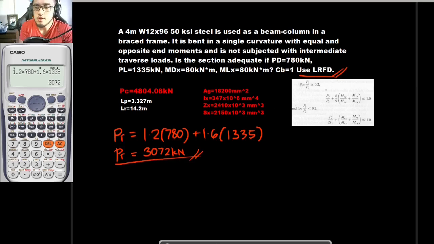So, this is to be the value for our PR. And for us to determine what equation we would be using, once again we would be getting the ratio of our PR over PC. And itong PC pala na to, naisama na dito yung ating value na phi. So, yan na yung PC natin.